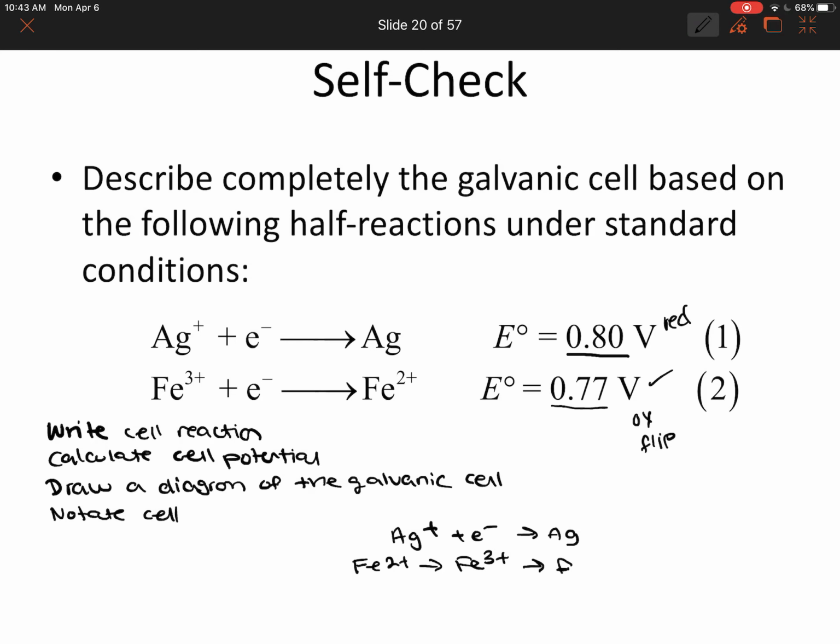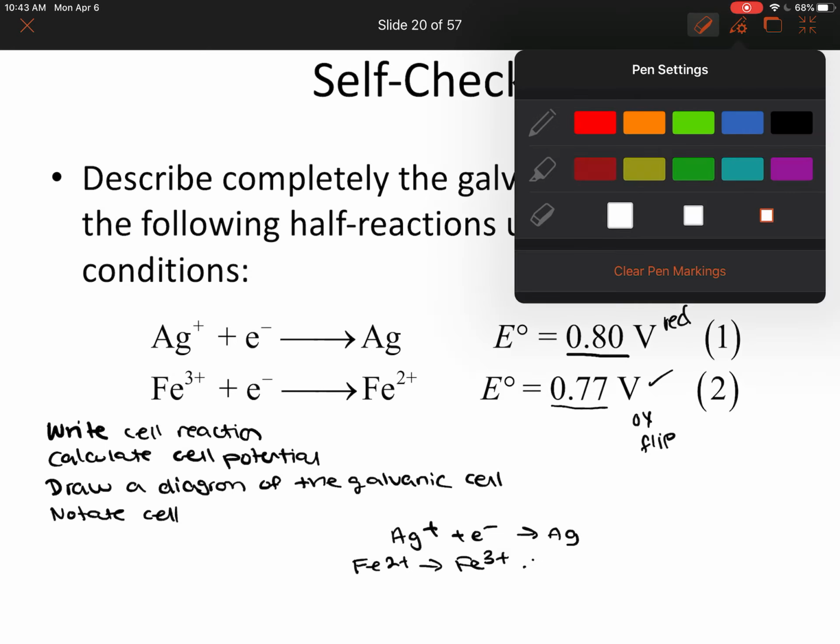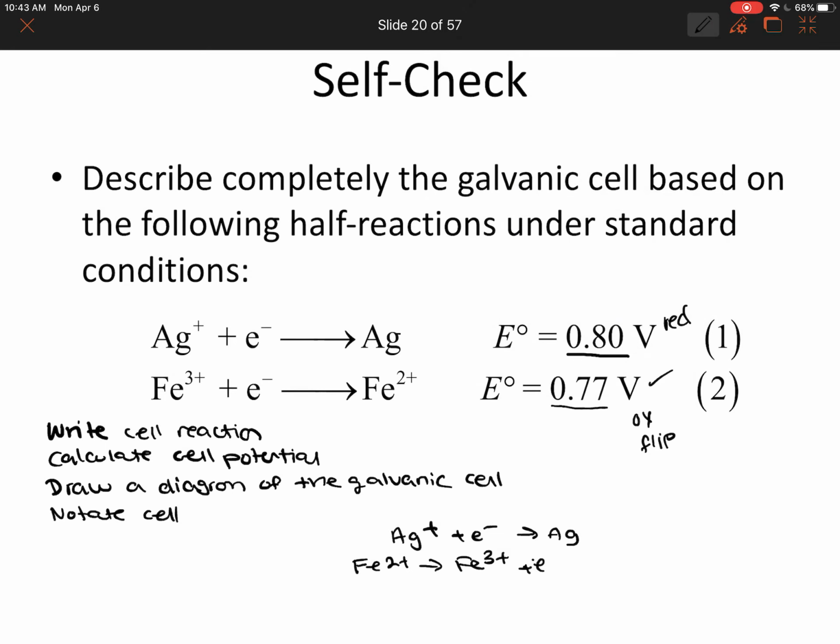Oopsies. Hold on. Let me go back. Plus electron. Then you manipulate. You know this is going to be 0.8. This would be negative 0.77 because we flipped it. Electron cancels.